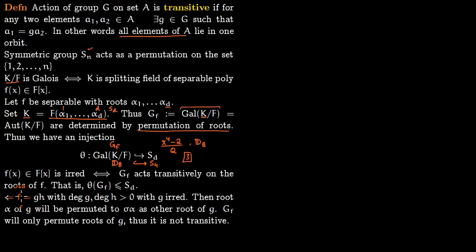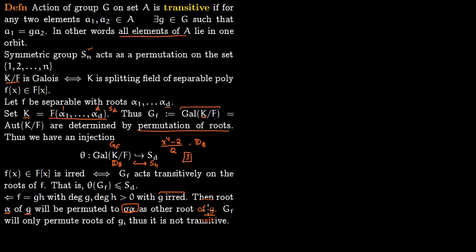So let us start here. First assume that f is reducible. So you write f is equal to g times h, where the degree of g and the degree of h are both greater than 0. Say g is irreducible, and say you have a root alpha of g. Now if you apply the Galois group onto it, the coefficients of g will be fixed, but its root would be permuted to sigma alpha, and as we have seen before, sigma alpha will be another root of g.